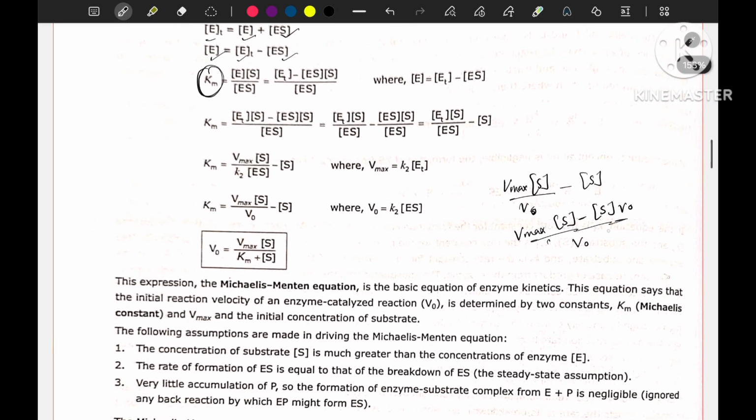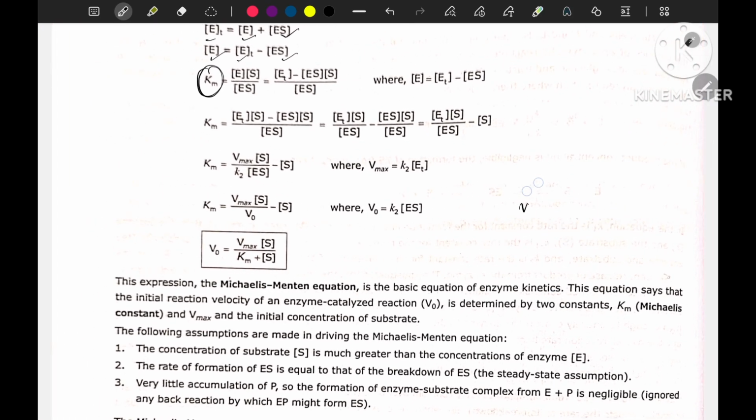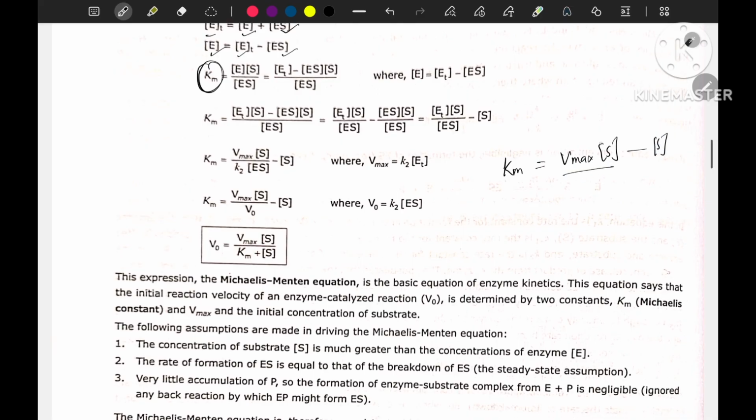Okay, I understood what they're doing here. They're not doing this. They're just simply taking Km is equal to V max substrate minus S, and there is one thing dividing here, V naught. So we are taking this substrate, and we are coming here, it is equal to V max substrate upon V naught.